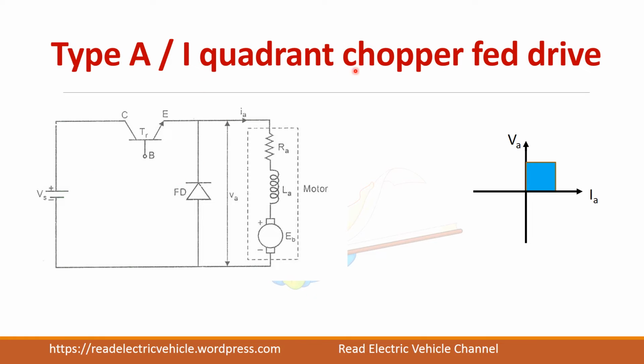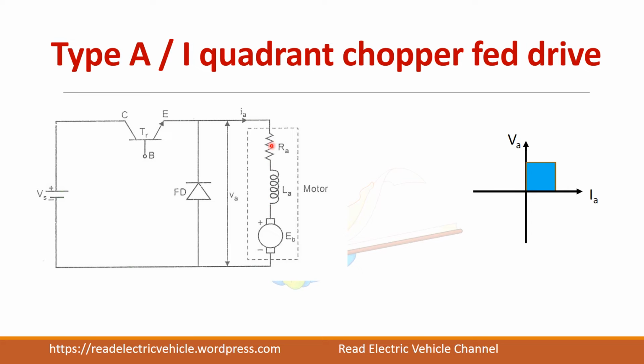The type A or first quadrant chopper will operate in the first quadrant, that is, both VA and IA will be positive. This is the circuit diagram. You may be familiar with this; it is the basic chopper diagram. Here you have a transistor which is connected to the motor.